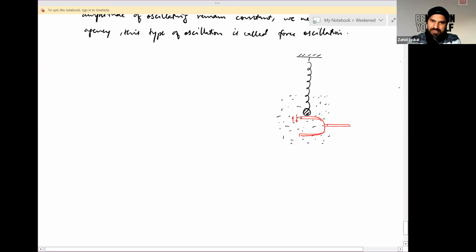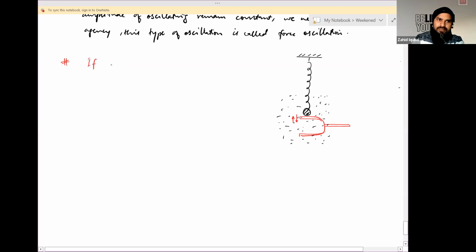Due to its vibration, this bob will also oscillate with it. There will be a condition in which the frequency of the oscillating bob and the frequency of the vibrating tuning fork match each other. This condition is called the resonance condition.